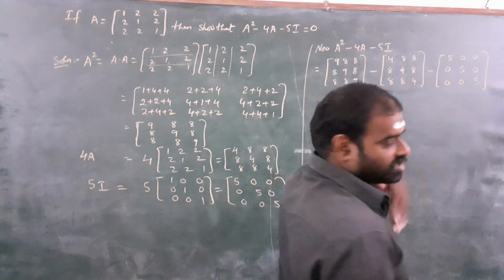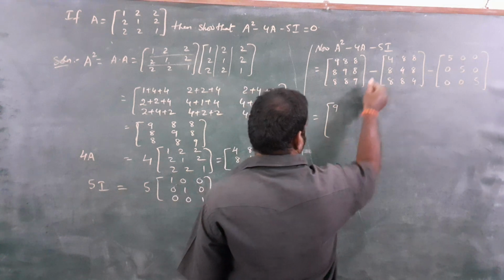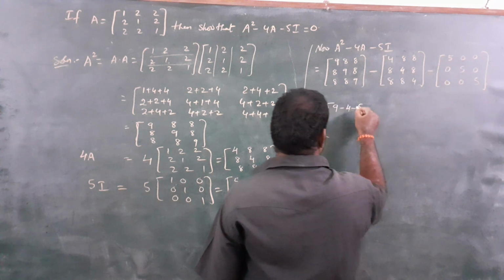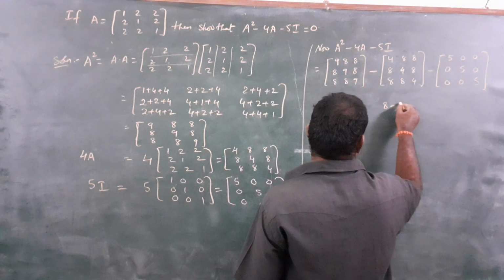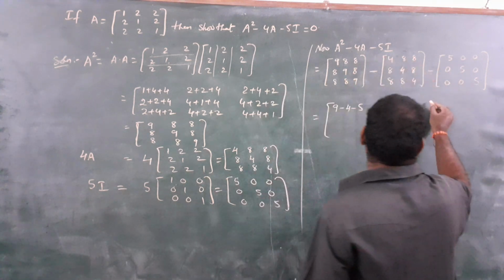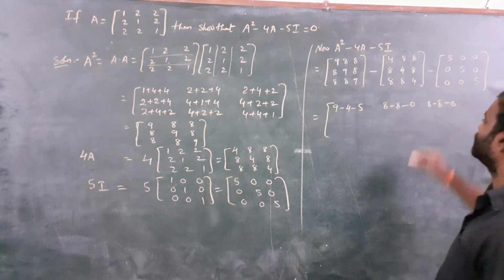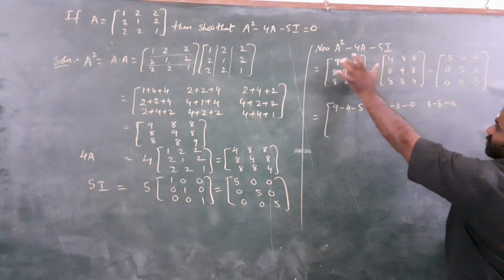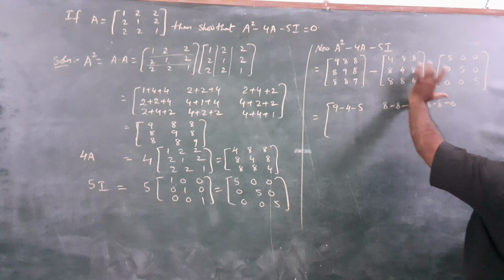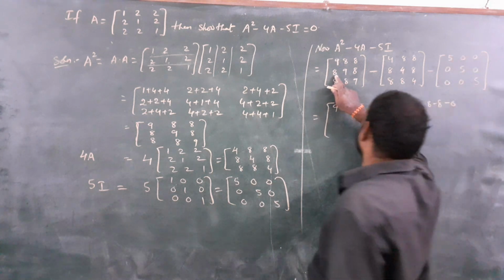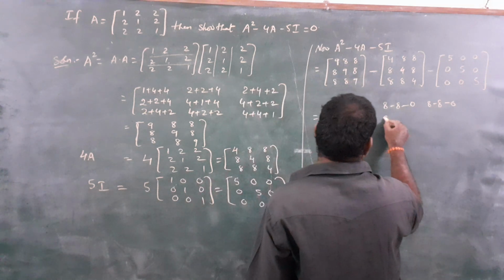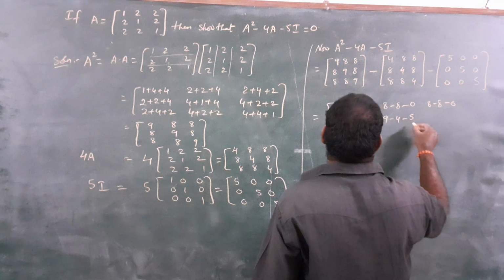Take these three. The first term: 9 minus 4 minus 5.